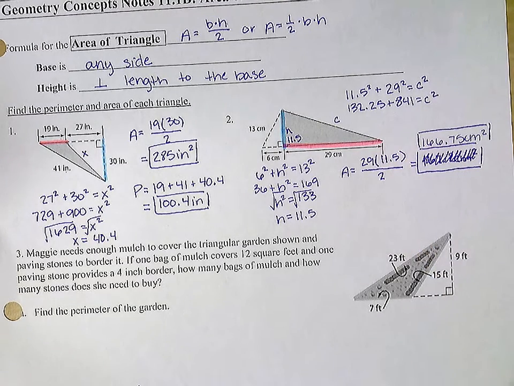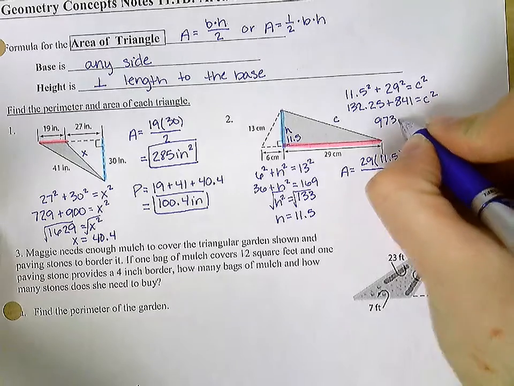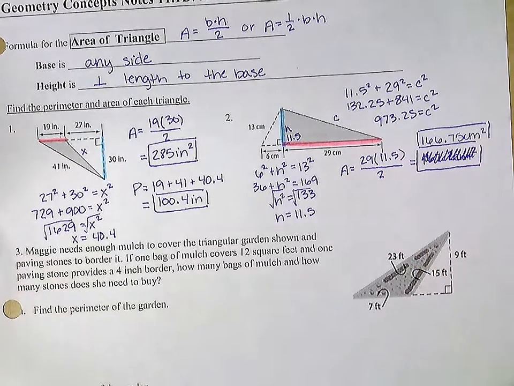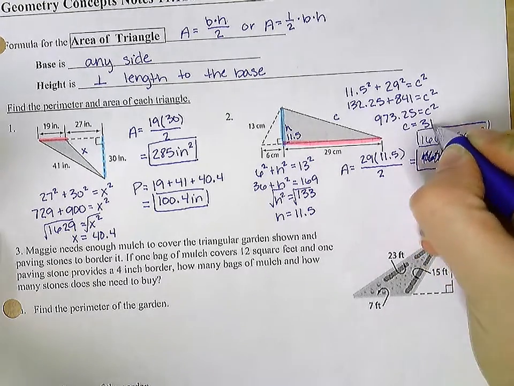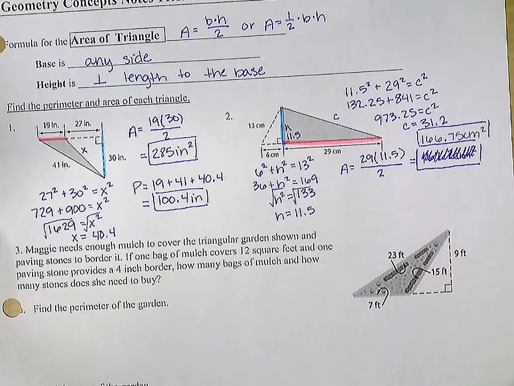Add those two together to get 973.25. And then take the square root of that value to get 31.2. So I got 31.2 for that hypotenuse.